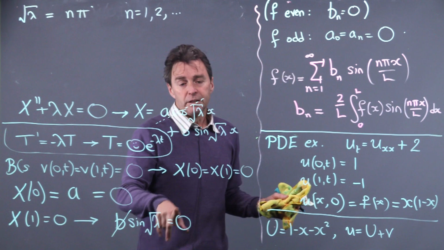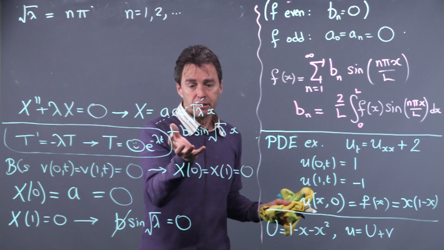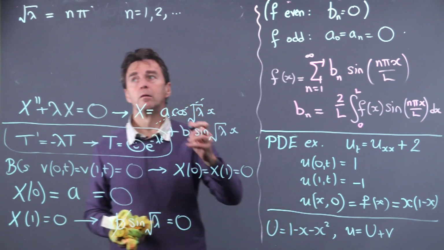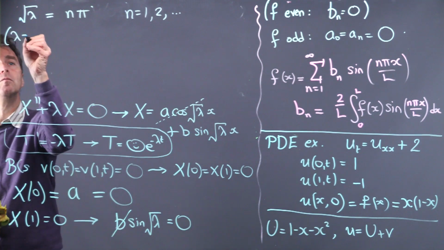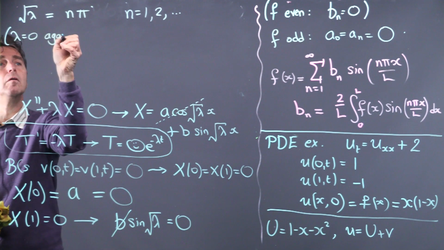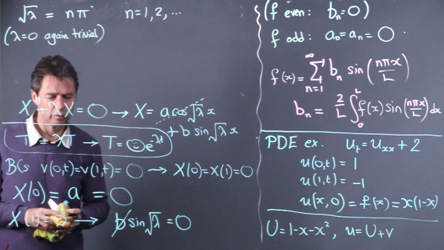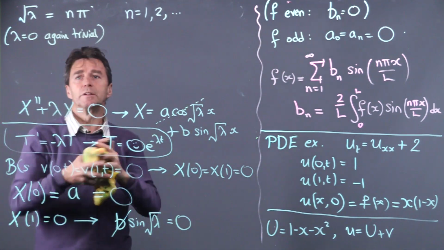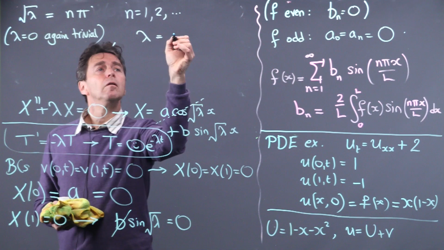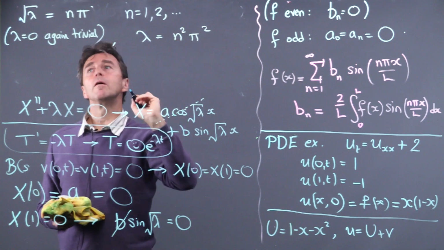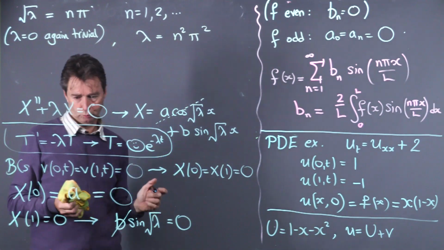If lambda was 0, though, that would be 0. I'd just get the trivial solution again. So I don't want that. So lambda is this, n squared pi squared. Ooh, just n squared pi.